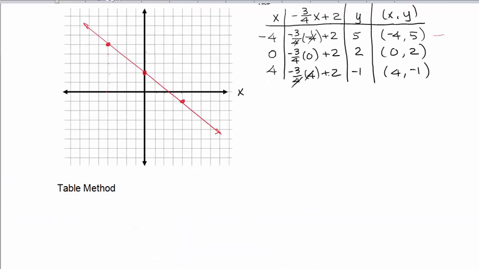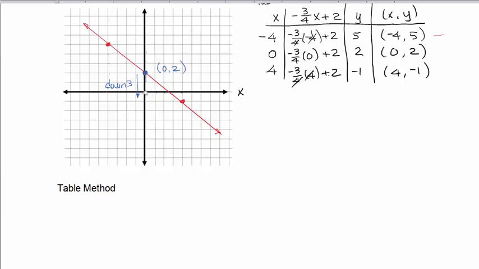So let's go back up to our graph. We're going to start at 0, 2. Then I move down 3: 1, 2, 3. Down 3.